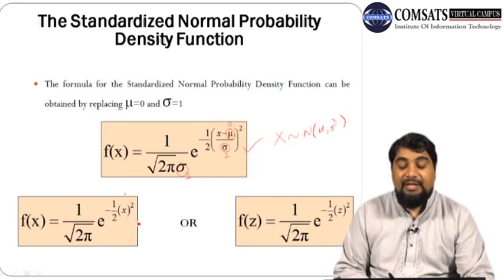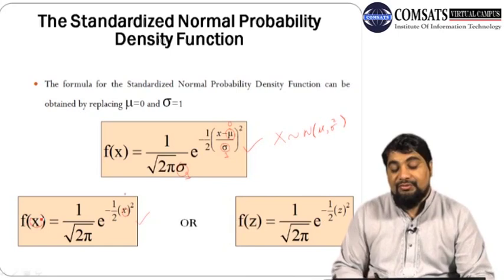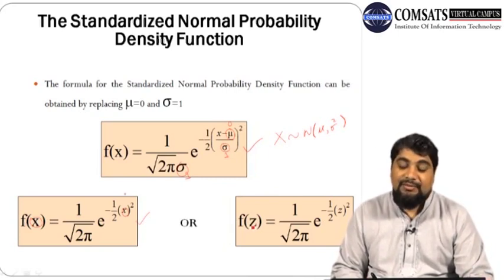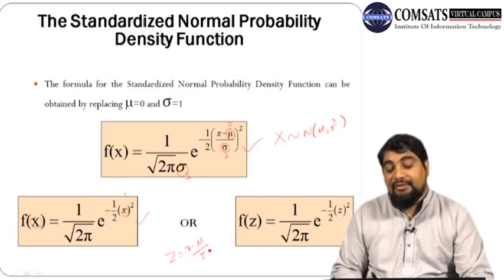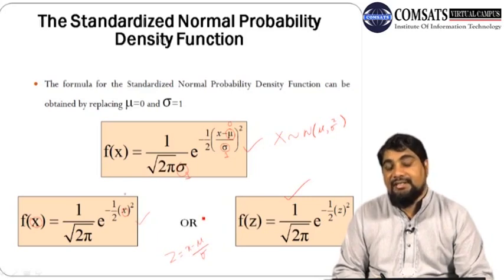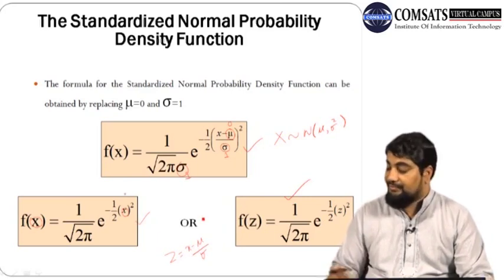This is the simplified form, but usually instead of the random variable x we use the random variable z, because z means that the random variable is in standardized units, where z is x minus mu over sigma. So f of z is 1 over square root of 2 pi e raised to power minus 1 by 2 z square. So this is the density function of a standardized normal distribution.